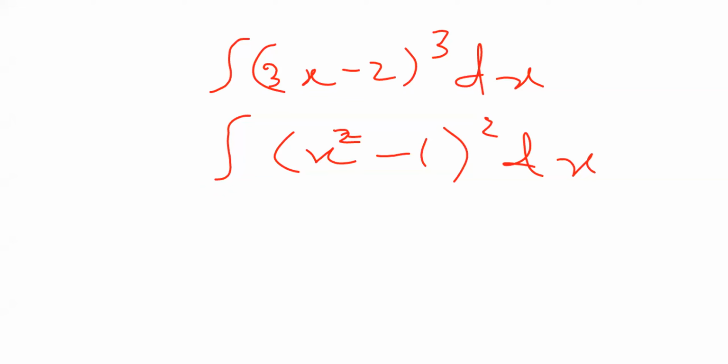Raised to power 3 over 3. Are you sure it's over 3? Yes, it's over 3 now. What else again? Plus 1 over 2x. Okay, plus or times? Times 1 over 2x plus k.